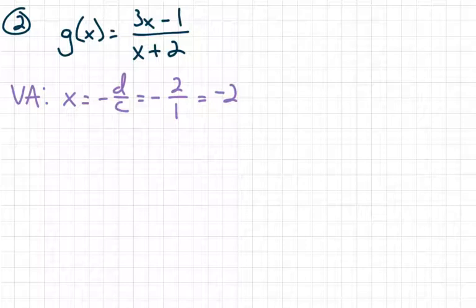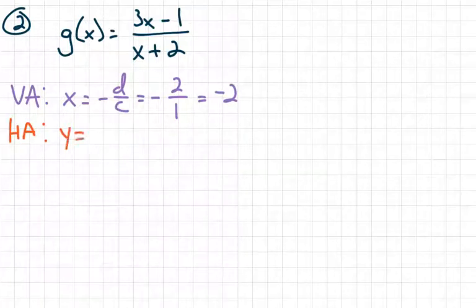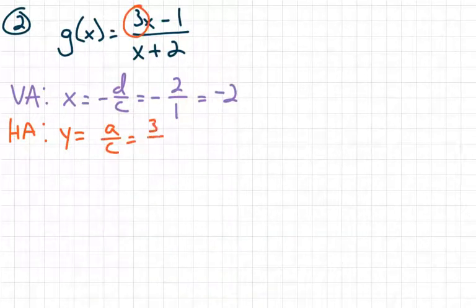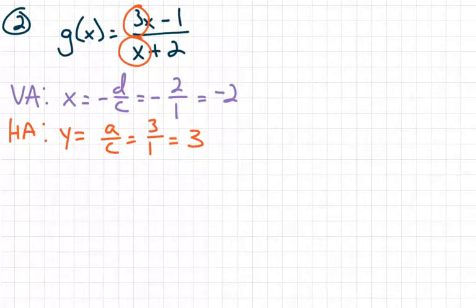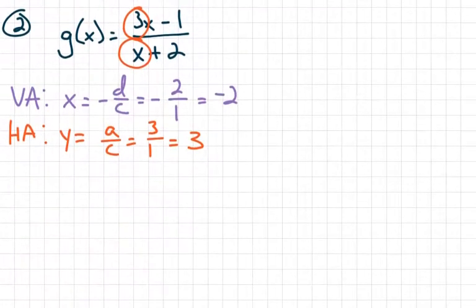Okay, let's do the horizontal asymptote, HA, y equals, and we're going to have a over c. So my a value is 3, my c value is 1, 3 over 1, that would be 3. So my vertical asymptote is at negative 2, my horizontal asymptote is at positive 3. So when I make my xy plane here, we'll just do it off to the side.